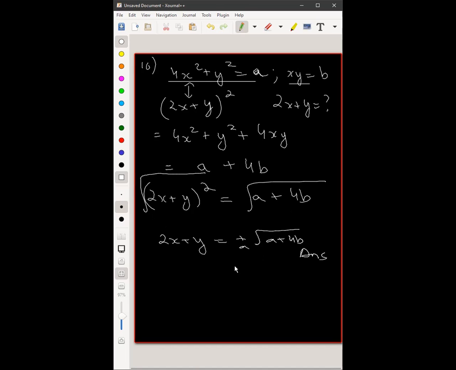Okay. Yeah, Ishan? 4 is a perfect square, so we can do root a plus 2 root b. Which part? Here about here. But this is a plus 4b. Problem is it's not into.